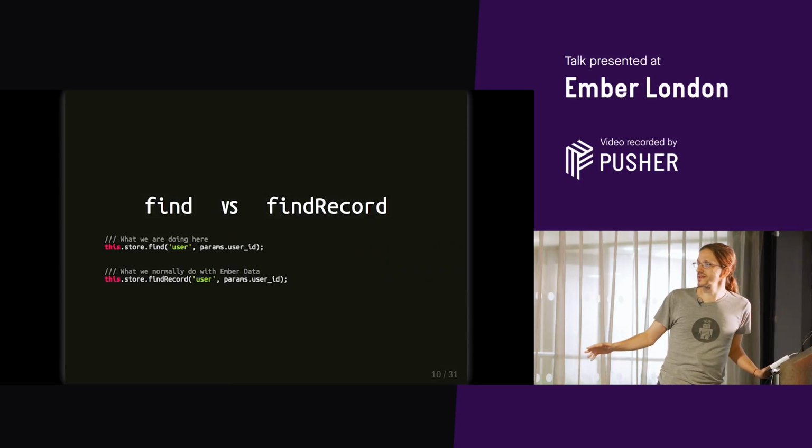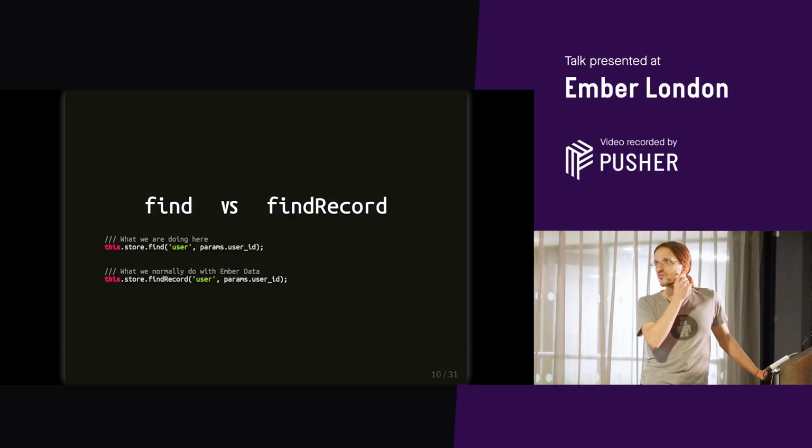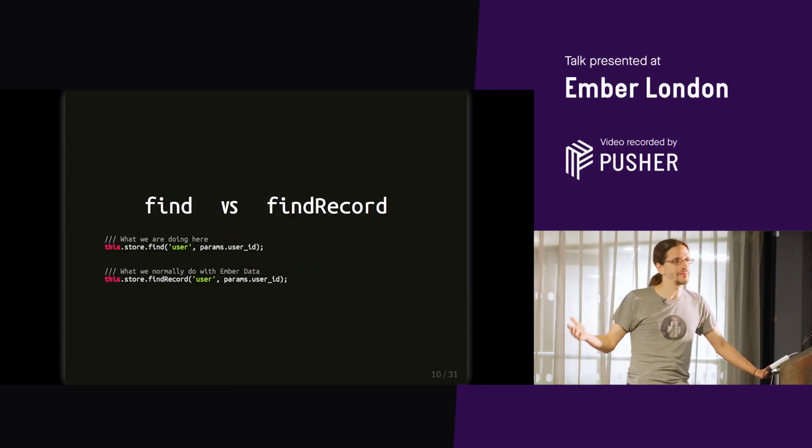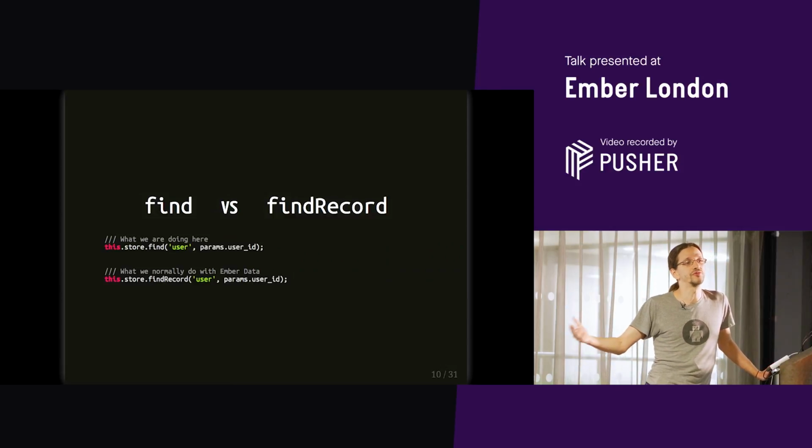And the difference between the two is, first things first, when you do .find with Ember Data, behind the scenes, Ember Data simply converts that into a findRecord, because find is not really an Ember Data API, but rather a convention, a protocol that Ember leaves there for any data layer to implement, so that this default route module can work without any further instructions. Ember Data implements that as a call to findRecord.